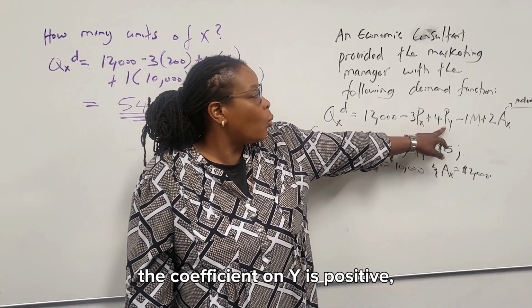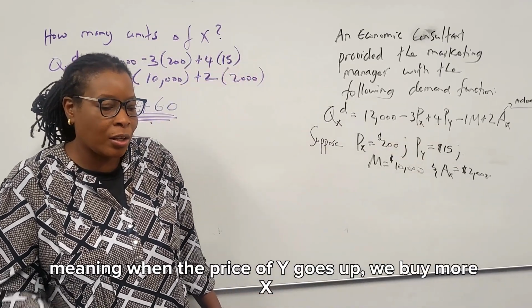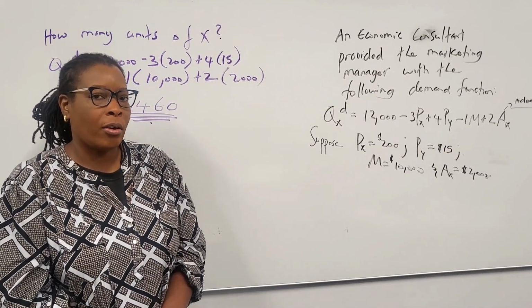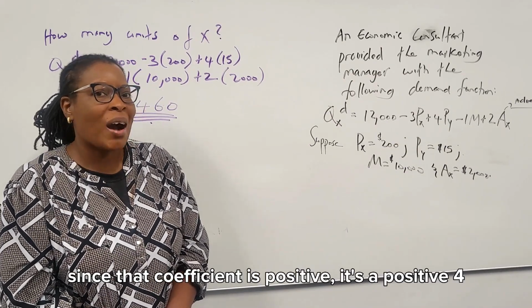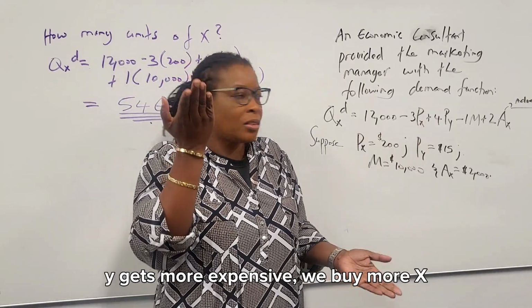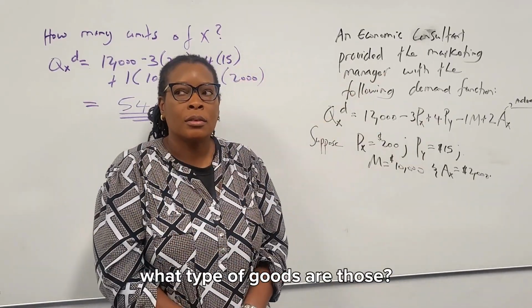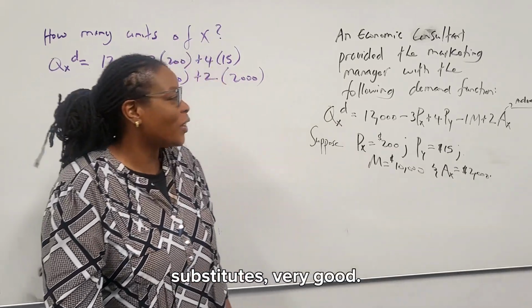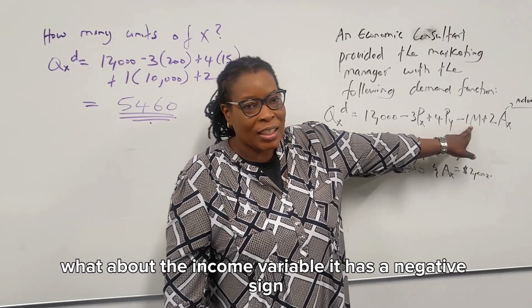The coefficient on Y is positive, meaning when the price of Y goes up, we buy more X. What type of goods are those? Since that coefficient is positive, it's a positive 4. Y gets more expensive, we buy more X. What type of goods are those? Substitutes. Very good.